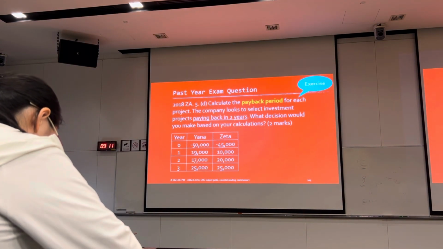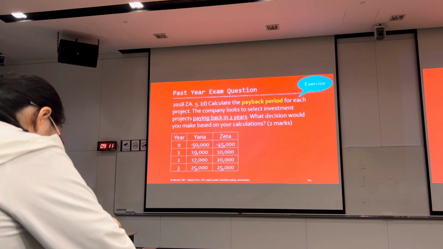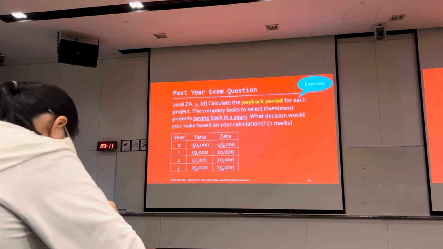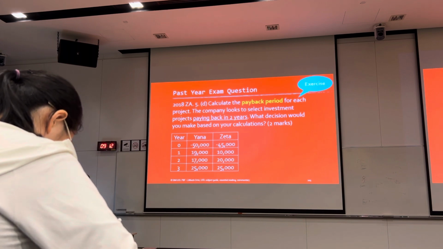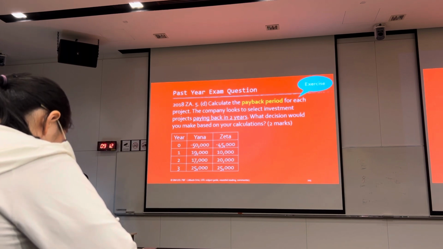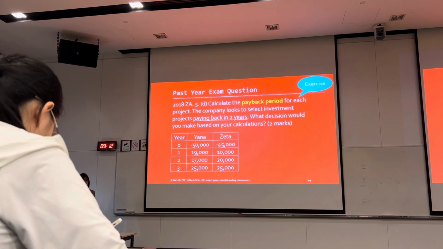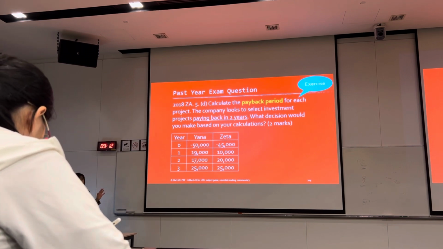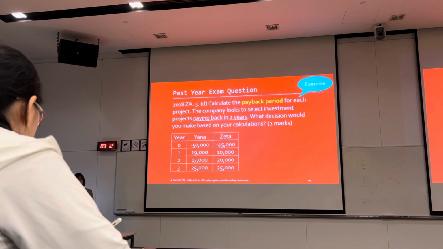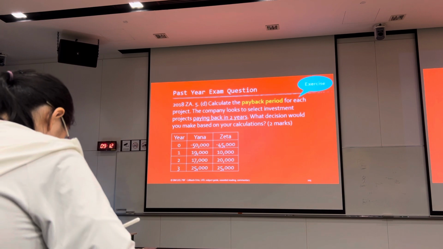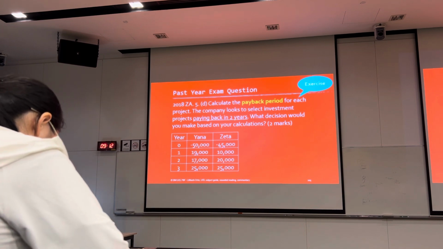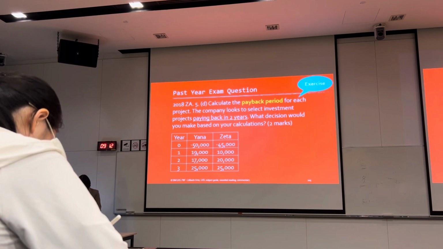Now, then we continue, right? So the same two projects, how about we evaluate them using the third kind of method, which is the payback. Now, the payback period is the super simple method of just simply adding up the cash flows to see at which point you actually get paid back your initial investment, right?